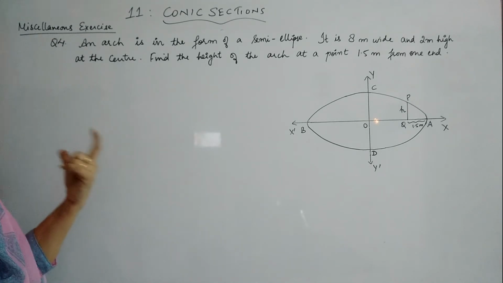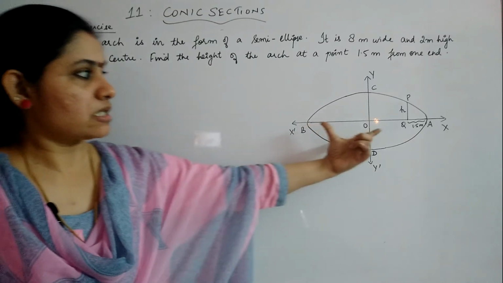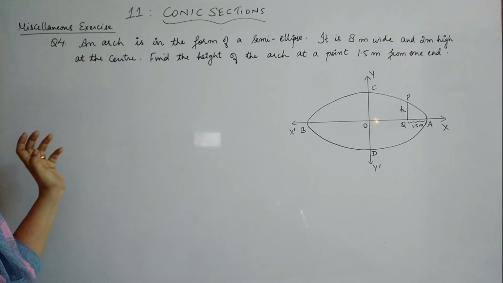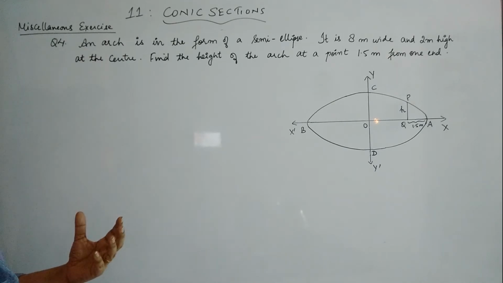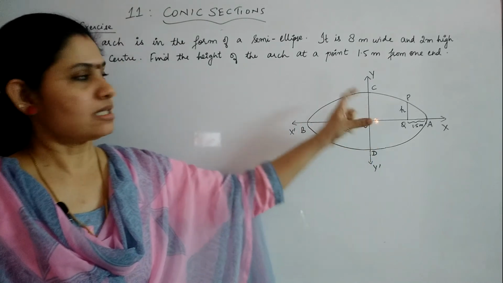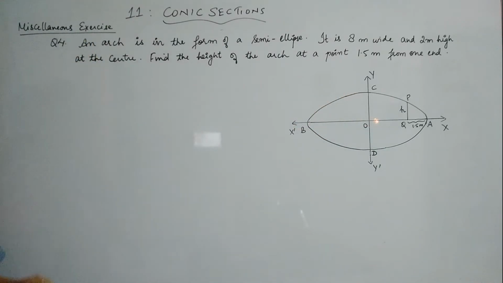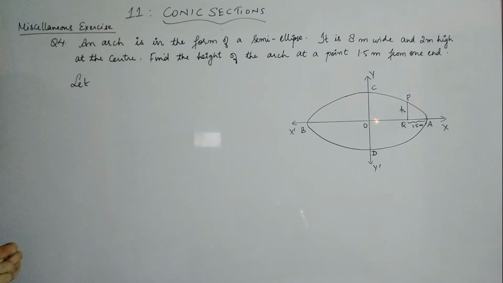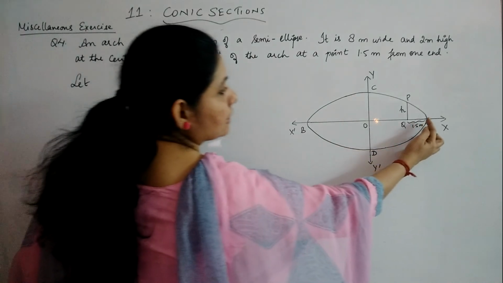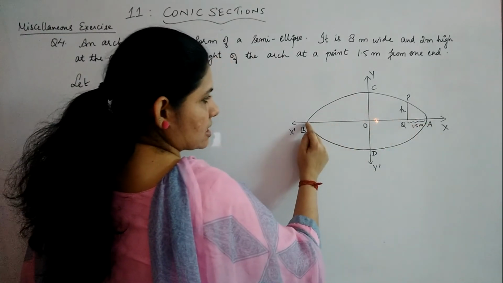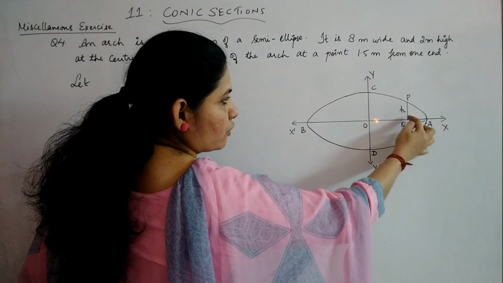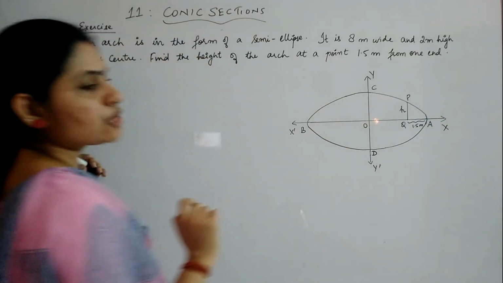Now why are we saying that this should be the shape and this is major axis, this is minor axis? Because when you find out, the value of A will be greater than the value of B, and in that case this should be the major axis, this is the minor axis. Okay, now we will start with let. What is to be found out is the height of the arch at a point 1.5 meter from one end. That means when you see from this end or from this end 1.5 meter away, at this point you have to find the height, that is you have to find out what is PQ.